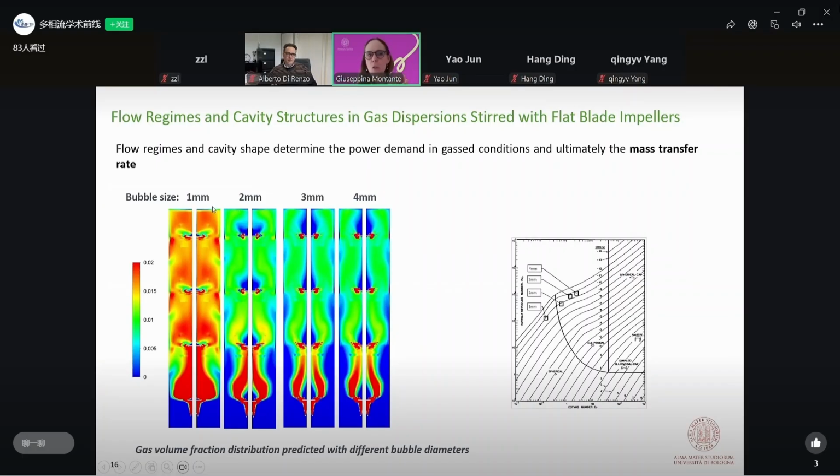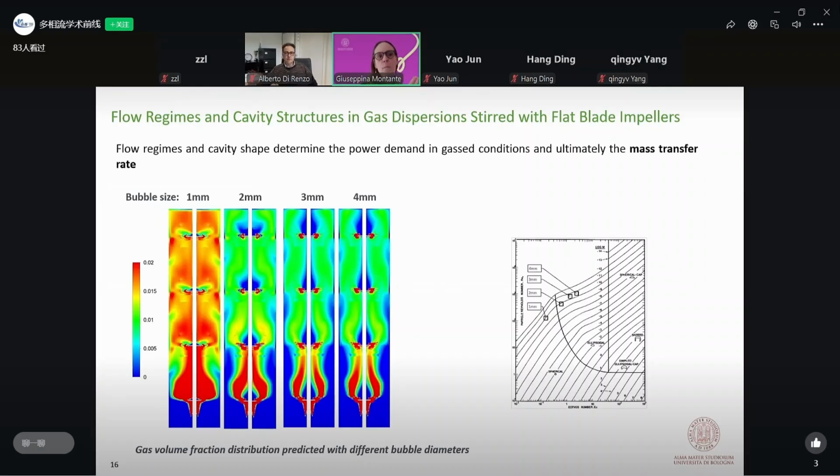This is a simulation where we fix the bubble size. We don't have a prediction of the bubble size distribution, but we limit ourselves to a modest assumption for starting and for checking if we are able to catch well at least the two-phase fluid dynamics, and we then consider population balance modeling for predicting the bubble size distribution.